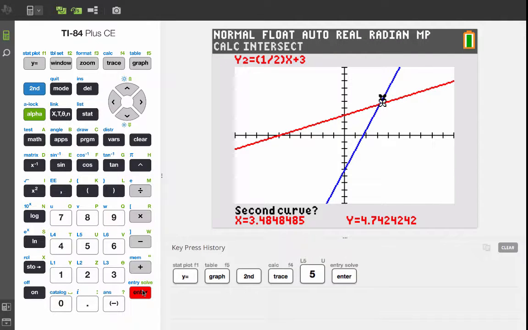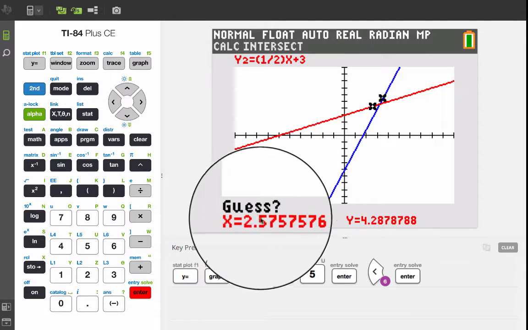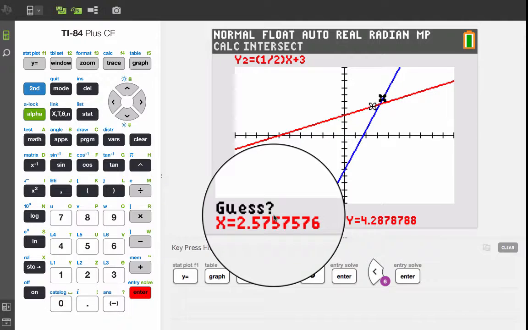And then you'll see now that the blinking cursor, which I can move using the left arrow, is on the red line, so that's the second line that we're going to be working with. And then it says at the bottom, guess. Now, in linear graphs, there really is only one point of intersection.